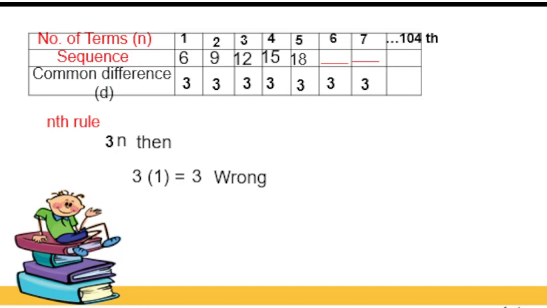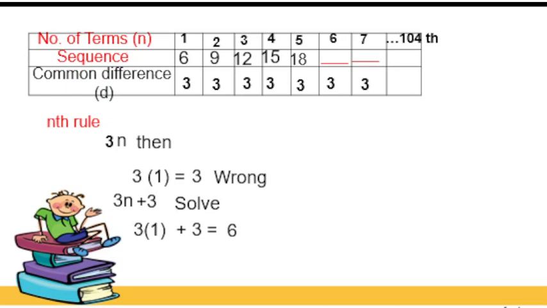So let's try to add 3 to the formula. So we have 3n plus 3. To solve, we have 3 times 1 plus 3 is equal to 6. So we satisfy the first term.